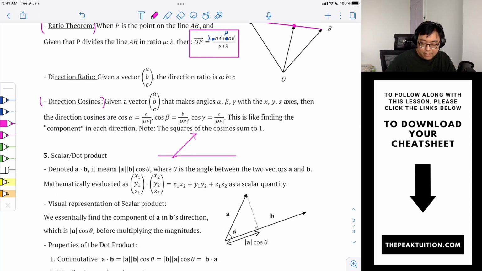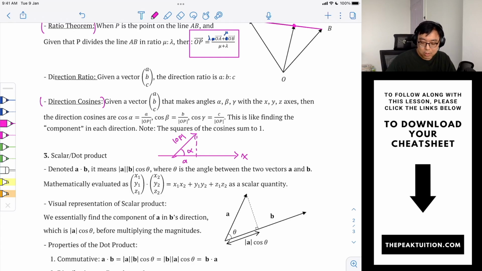Suppose we have a vector, and this is the x-axis. This vector may not lie along the x-axis; I'm just showing you the vector and the x-axis. If we know the angle between the vector and the x-axis, then we can find the cosine. This vector has the magnitude OP, and let's say this is A. This has to be A because the vector has A in the x component.